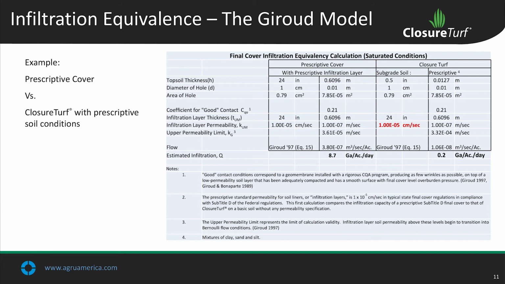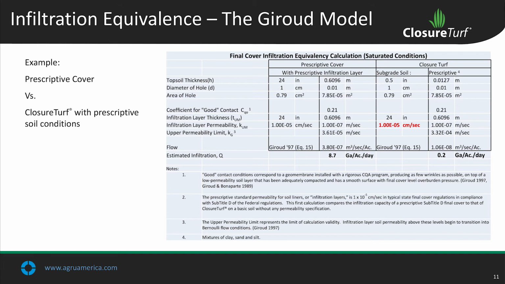Beneath the liner is an infiltration layer, which is 24 inches thick, and then the infiltration layer permeability, K sub UM, which is 1 times 10 to the minus 5 centimeters per second, or what the EPA is looking for in soil liners. And then upper permeability limits here, which work within that Giroud equation, where the equation starts to fall apart and flow goes to basically a Bernoulli type flow.